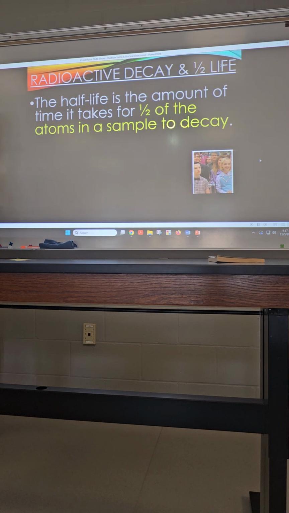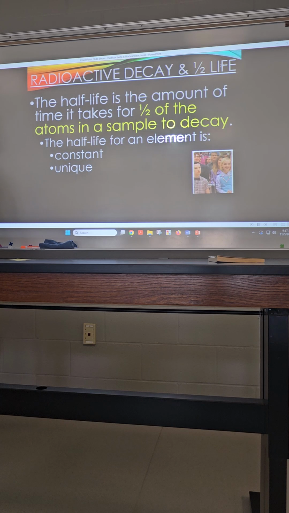On the Bill Nye video, it introduced this concept called half-life, and it's the amount of time that it takes for half of the atoms in a sample to decay. The half-life for an element is a constant. It is unique.